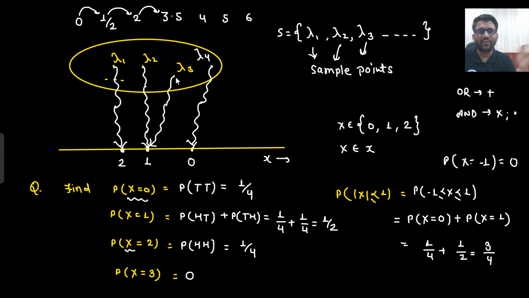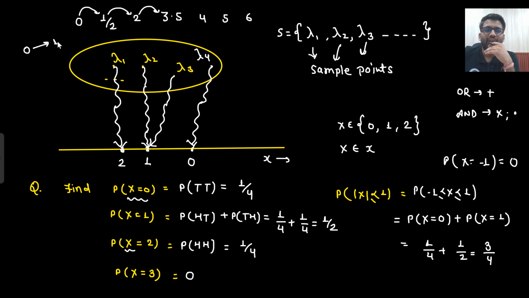And what is the meaning of continuous? It means you are taking all the values from 0 to 1. Whatever value from 0 to 1 comes, that is known as continuous: 0, 0.001, 0.0002, and so on. So infinite values are there between 0 and 1. This is the meaning of continuous.